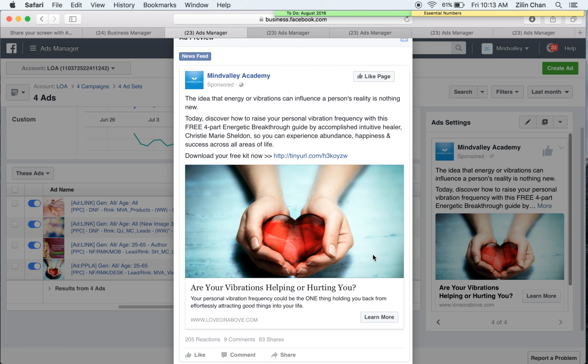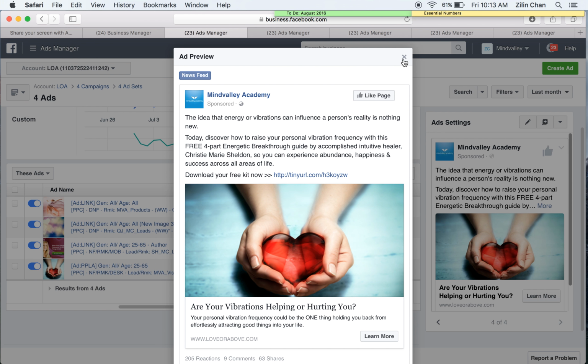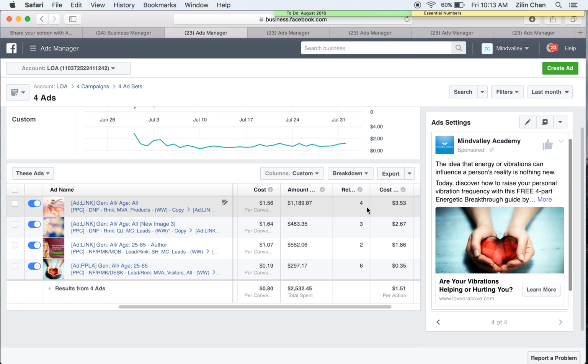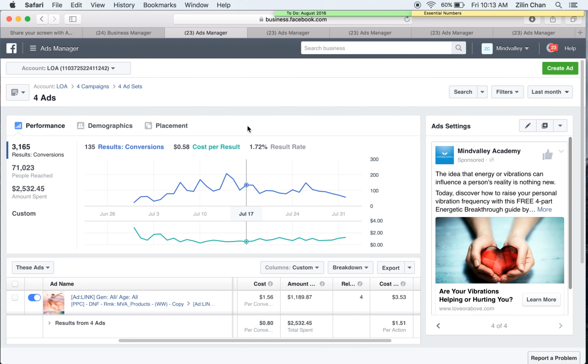I remember picking it. It caught my eye because it was a red heart, and I think it really matched what LOA is, because LOA is about vibrations higher than love. So definitely find ad images that stand out amongst people's news feeds. That's mainly it for LOA.